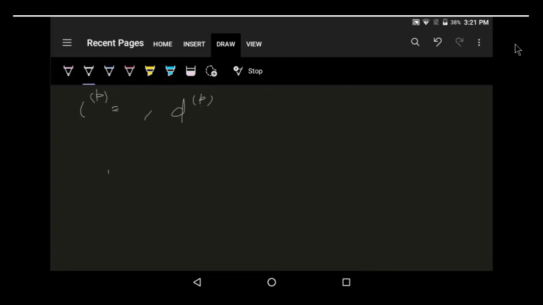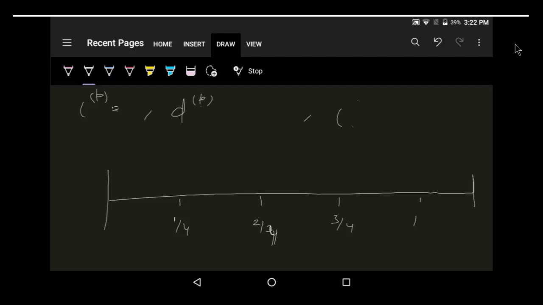So if this is my time period and this is my quarter 1, this is my second quarter, this is my third quarter, and suppose this is my last quarter. When we are paying by the interest rate i(4), that means we are paying at the end of every quarter.